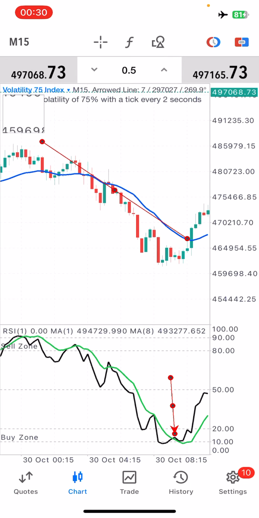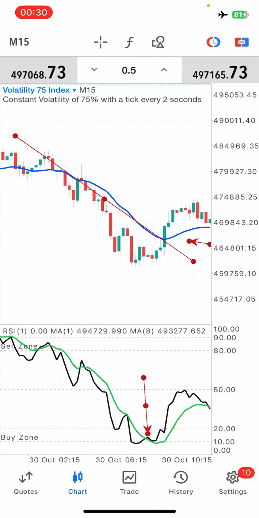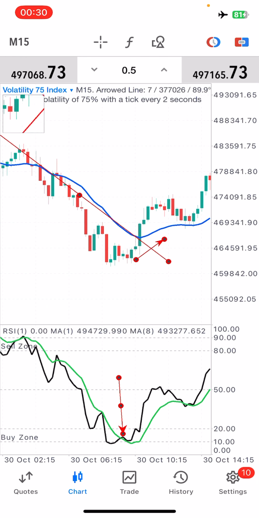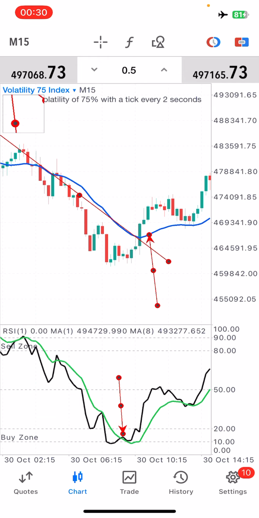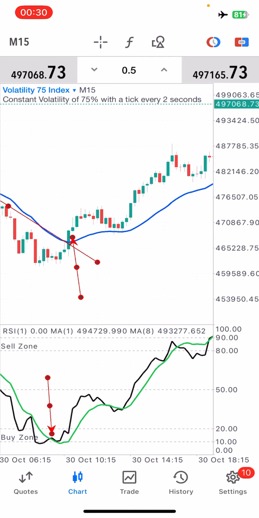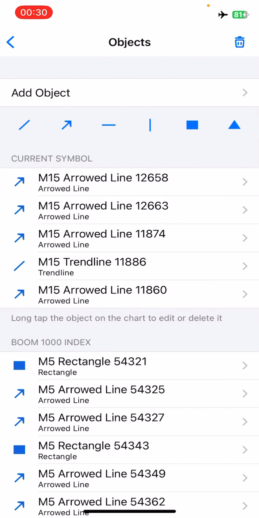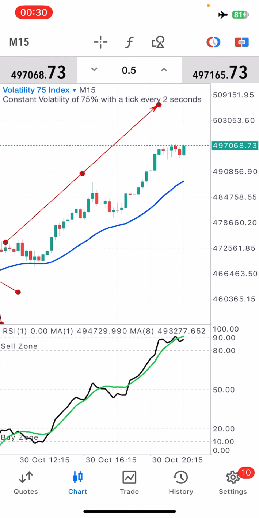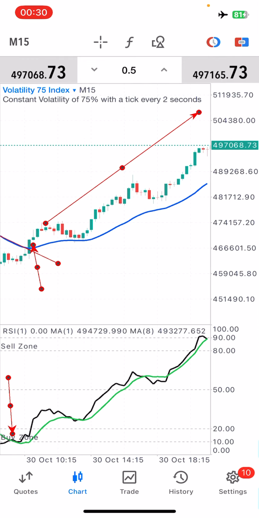So once you see that price has crossed to be above this resistant trend line, then it means that we now have a lot of buy activities happening, a lot of buy momentum coming, and as you can see, price pushed all the way up, just like that.